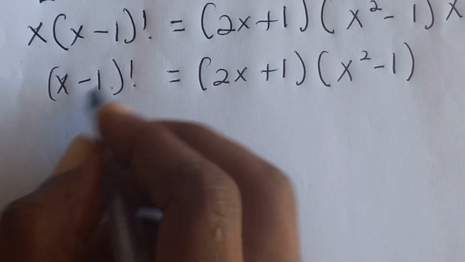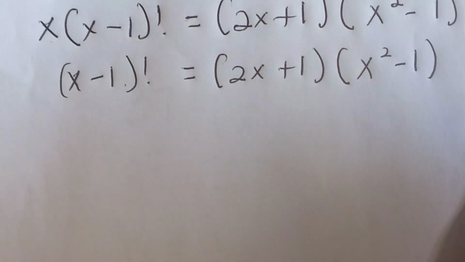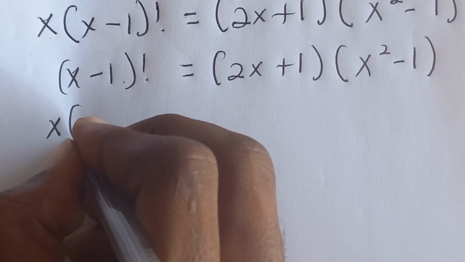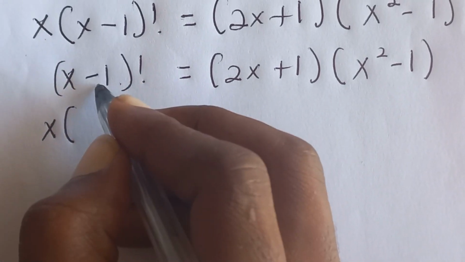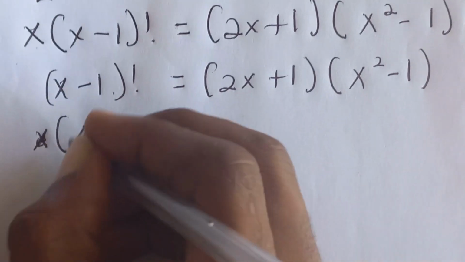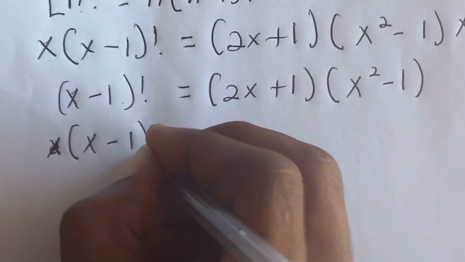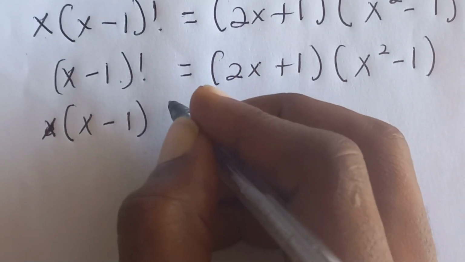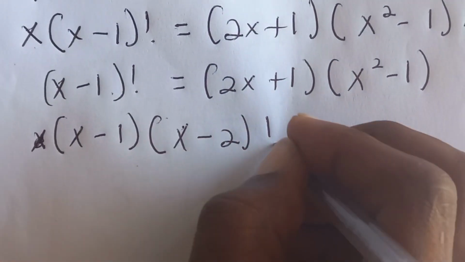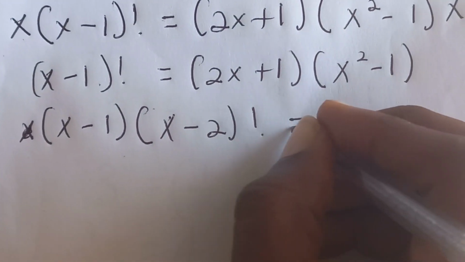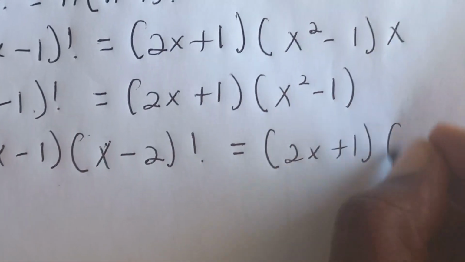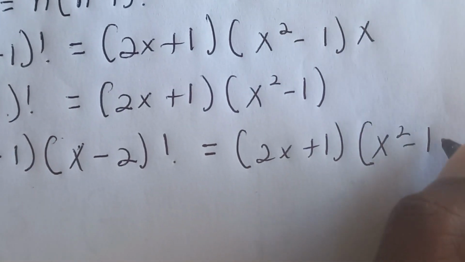So let's represent it like that: x into (x - 1), then (x - 2) all factorial, is equal to (2x + 1)(x^2 - 1).